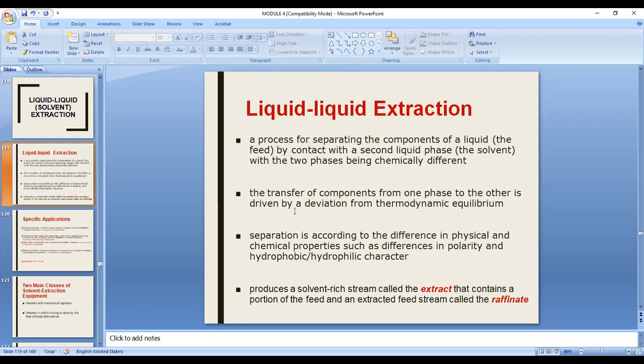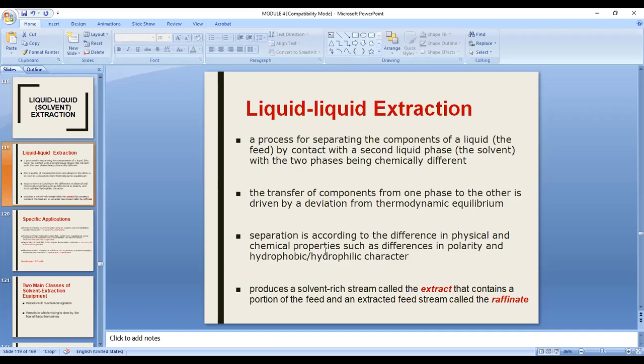Now, separation here is according to the difference in the physical and chemical properties. Samples of which are polarity and the hydrophobic or hydrophilic character of your feed, especially if your solvent is just pure water. Now, in the process of extraction, this is very important, you produce the solvent-rich stream, which we call the extract.